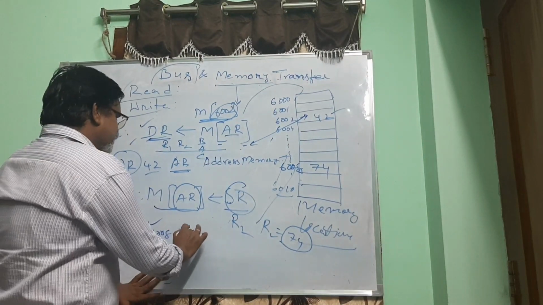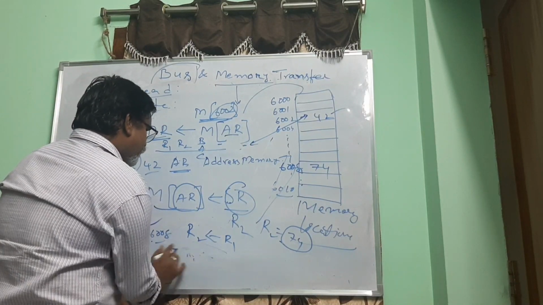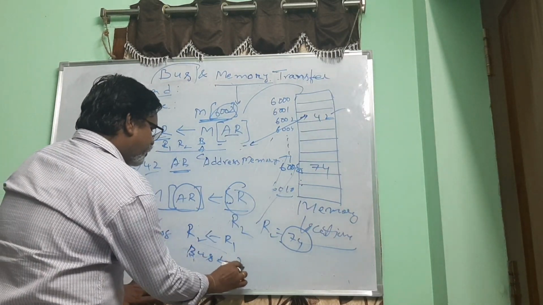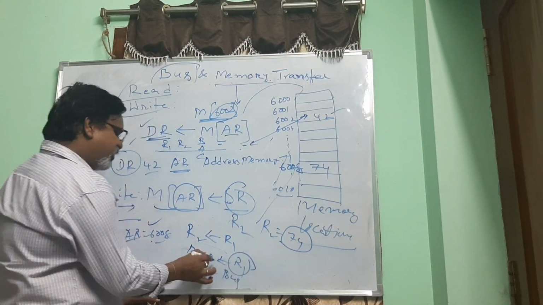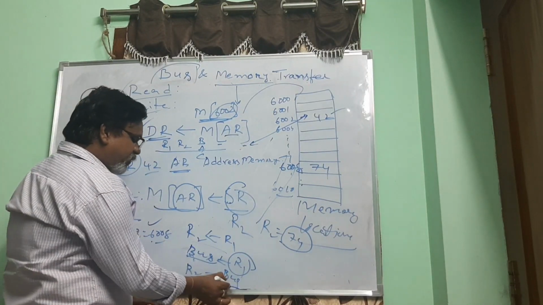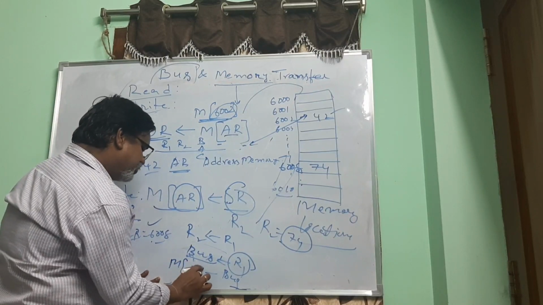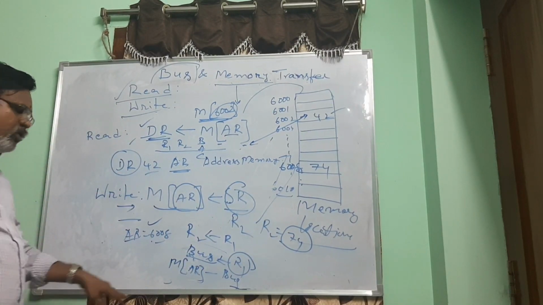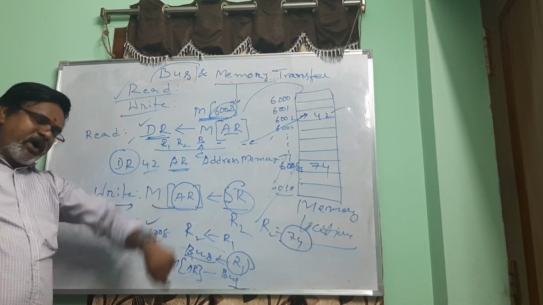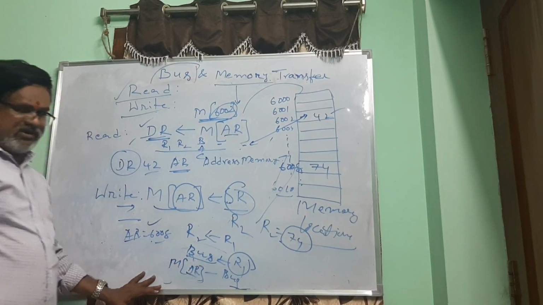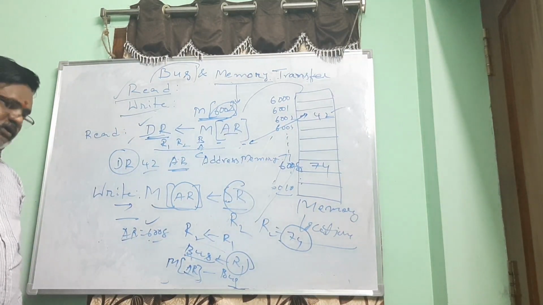Previously we discussed R1 to bus, bus to R2: whatever data is in register 1 is copied onto the bus, and the data on the bus is copied onto R2. But here, instead of R2, it is copied into a memory location whose address is available in the address register. So these are the two basic memory transfer operations.